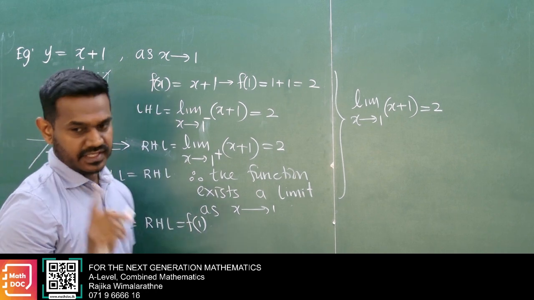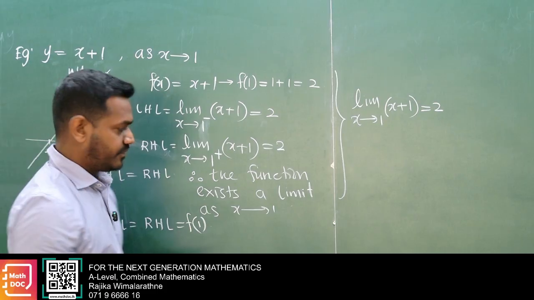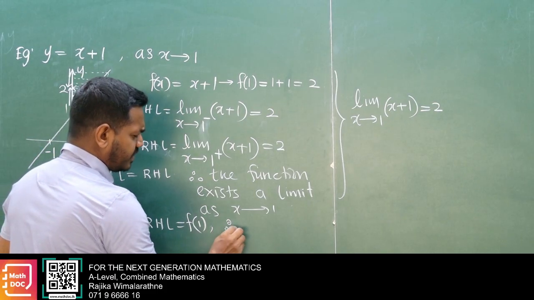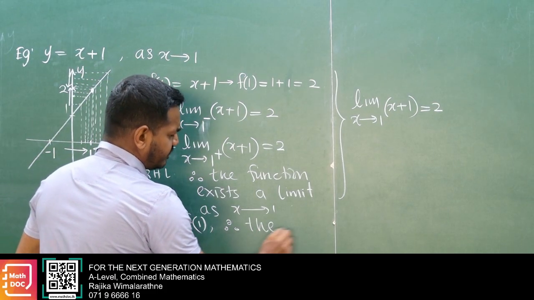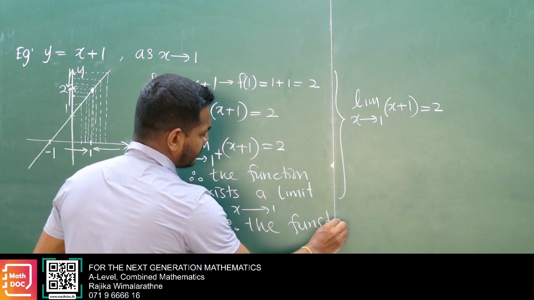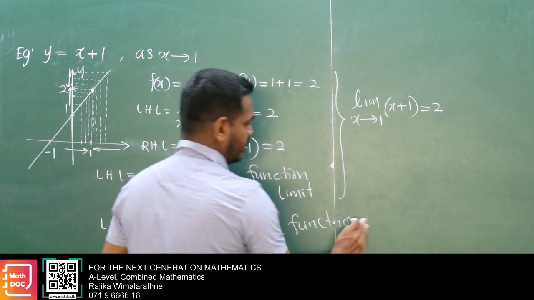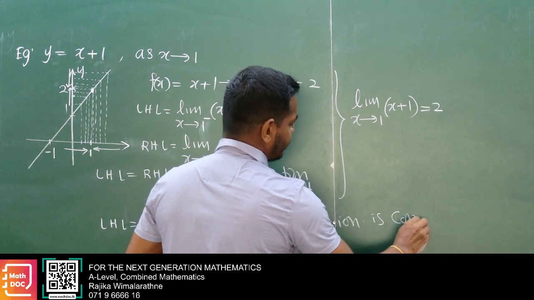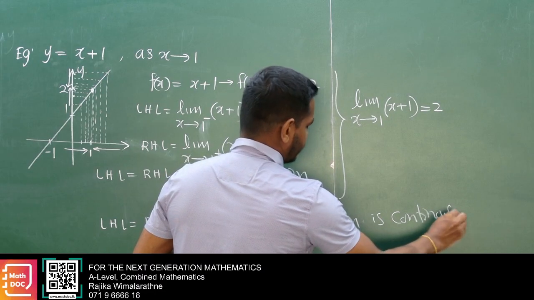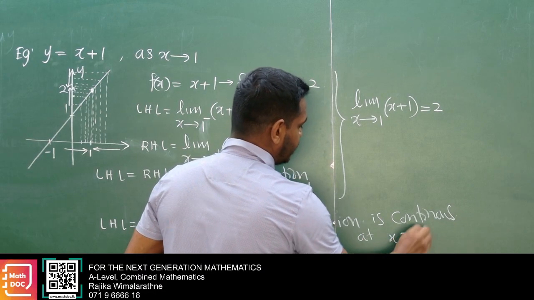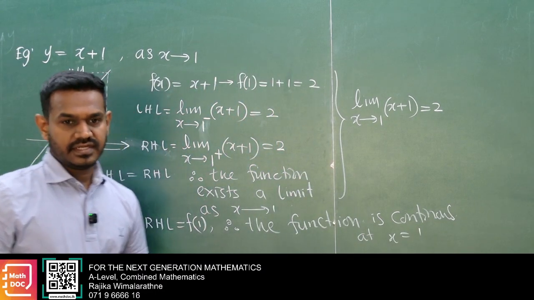That point exists means it is continuous at 1. Therefore, the function is continuous at x equals 1.